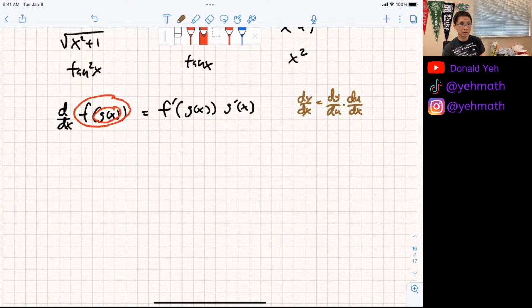So let's understand that dy/dx equals dy over du and du over dx. But we don't use this definition a lot, so we don't have to worry about it.